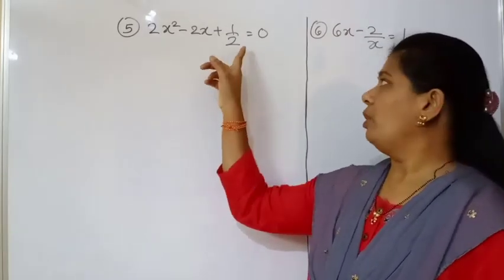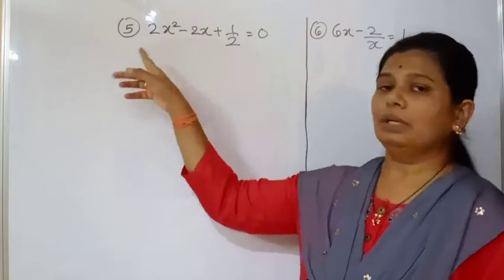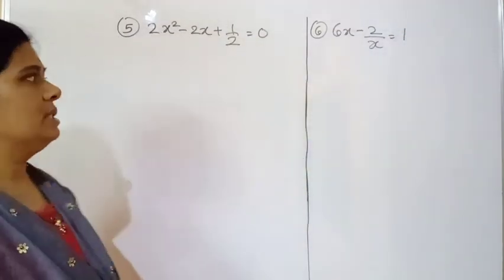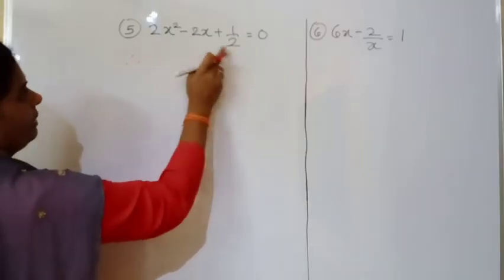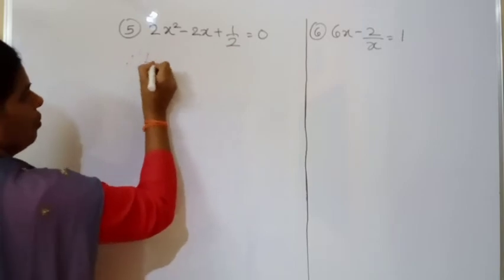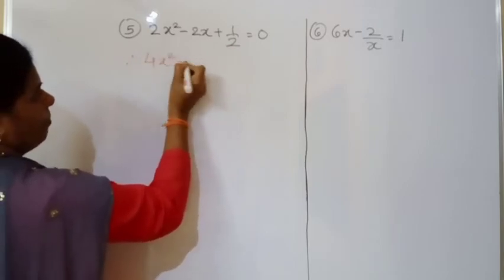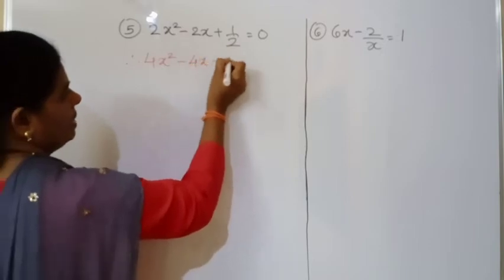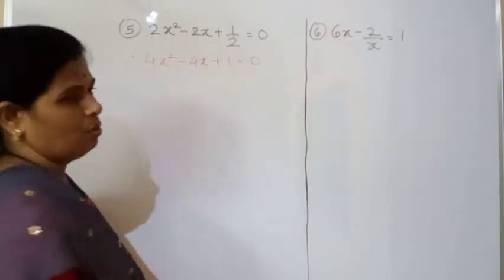How to remove? You have to multiply this 2 by the remaining numbers. So multiply 2 to both the sides, and by multiplying 2 to both the sides we get 2 2s are 4x square minus 2 2s are 4x plus 1 equal to 0.